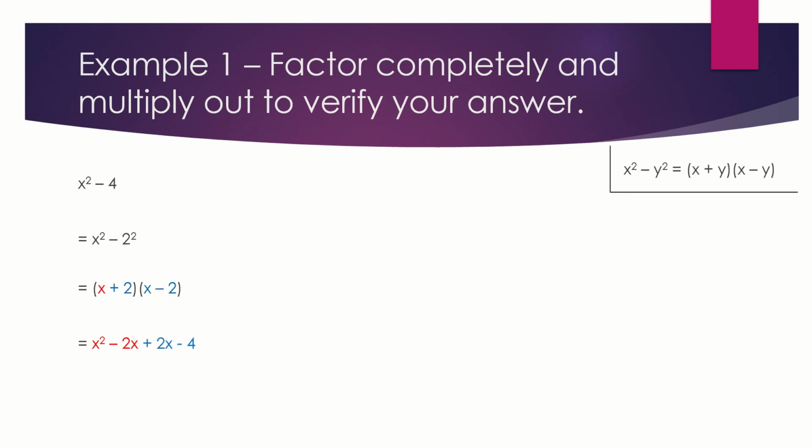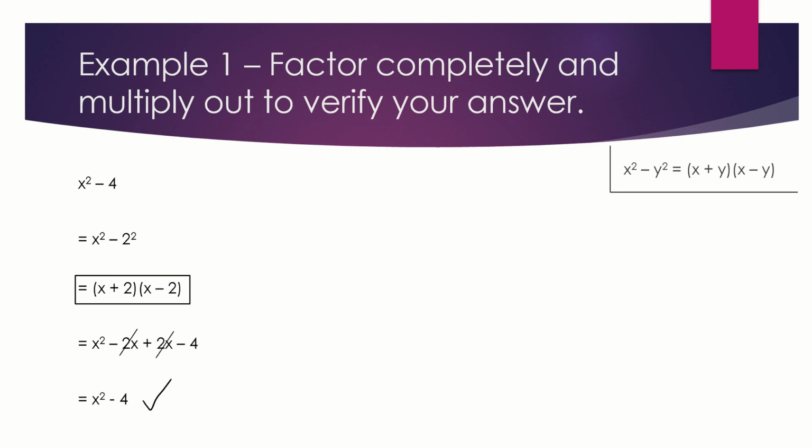We can also distribute the 2, so we have 2 times x is 2x, and 2 times negative 2 is negative 4. And the goal here when you verify this is that you want to make sure the middle two terms cancel out. And in this case, they do. The negative 2x and the positive 2x end up canceling out, so you get the original polynomial, okay?